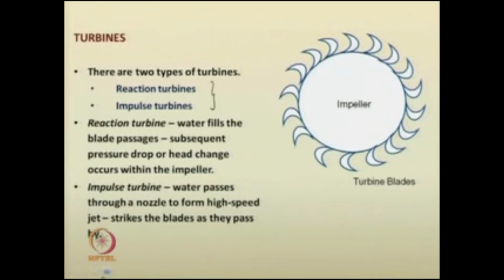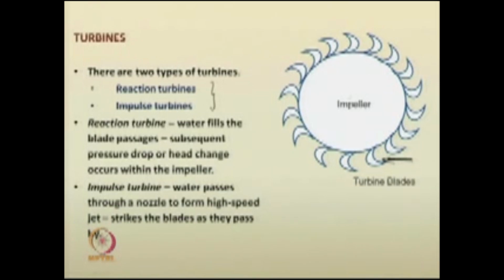You can have various types of impulse turbines, but the meaning is that suppose you have blades like this, and a high speed jet hits them. Now, what happens? When the high speed jet hits, the wheel starts rotating. Similarly, it hits continuously and it goes on rotating.